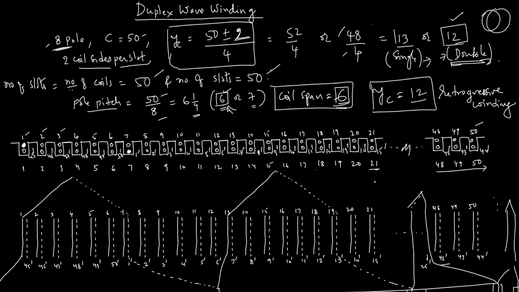But if I take the example of Yc equals 13, then two separate circuits are not possible, but a single circuit is possible like this. In lap winding also we may have such types of windings.